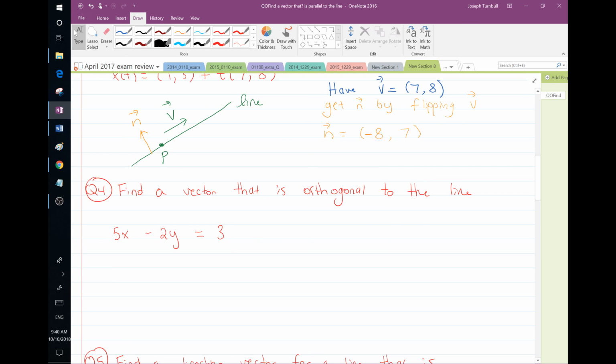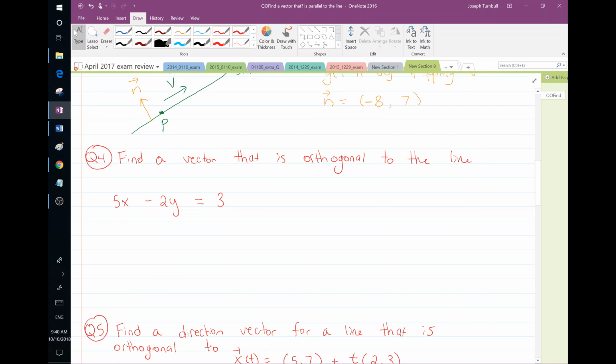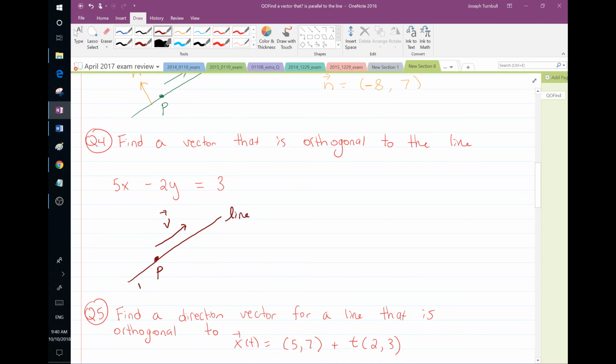Okay, next one. Find a vector that is orthogonal to this line. And again, I'm going to draw the line. That has at least one point P, it has an infinite number of points, but there's one of them, that has a direction vector V and has a vector N. Orthogonal means you want N. We want the normal vector for the line.